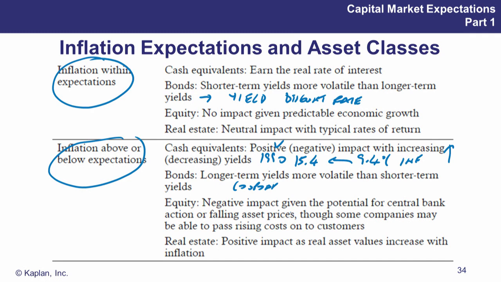Equity here, unless you can pass on your costs to your customers. Always think about trains here. If you have to get a train quite a lot with work, every year you get an inflation link. They can pass that on very, very easily to us, the customer. But some companies can't do that.